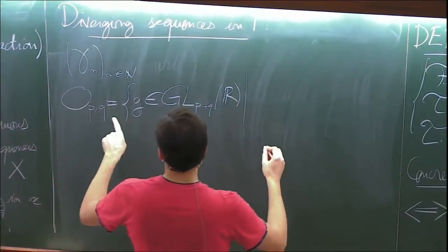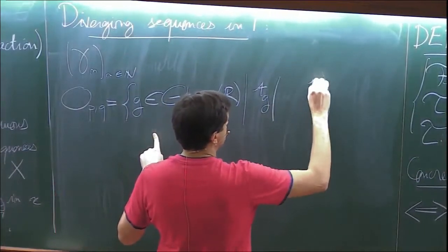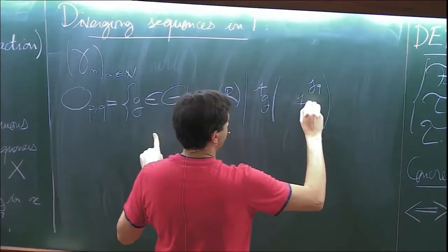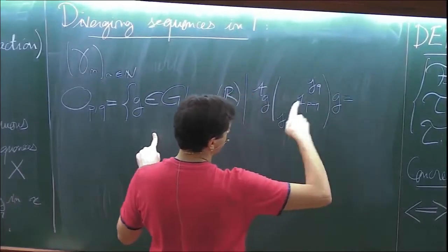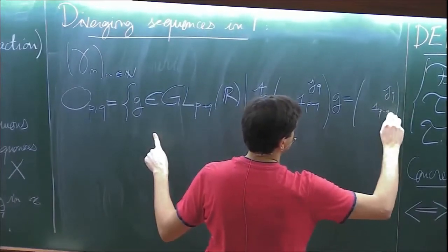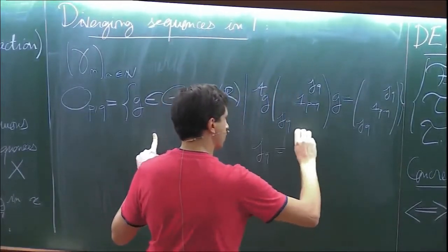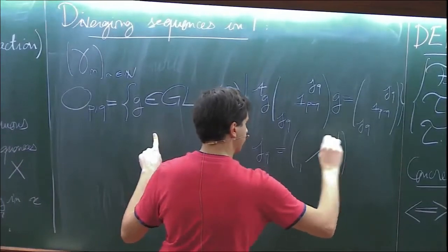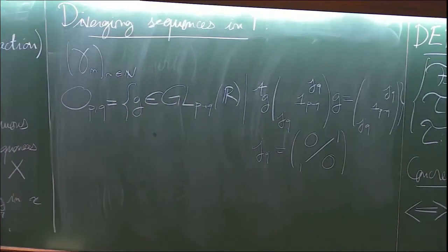So O(p,q) is now the set of orthogonal matrices for the form that is anti-diagonal with respect to block, the matrices J_q, 1 minus q, J_q, where J_q is a q by q anti-diagonal matrix. Good.